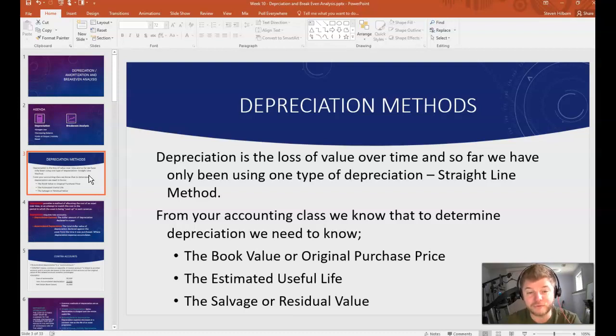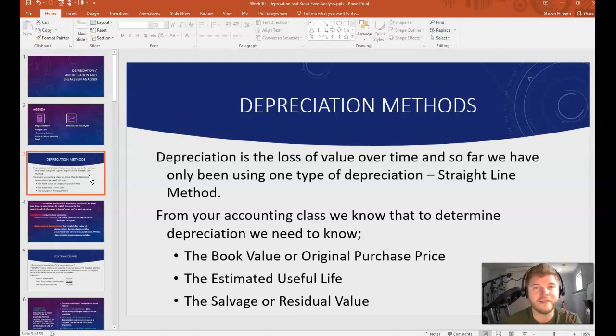From your accounting classes, you also know that there's a few pieces of information that you need to know. So the book value of the original purchase price of whatever asset that you have, the estimated useful life. How long do you think that vehicle, that TV, that computer is going to last you? As well as when it comes to the end of its life cycle, is there any value still?